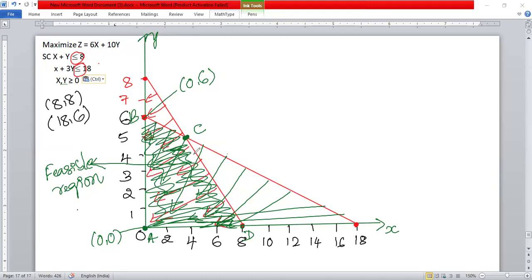Second one, x plus 3y is equal to 18. Anybody got this answer? Those who are using graph sheet, this point is very easy to identify. So that is called C. And D point is 8, 0.